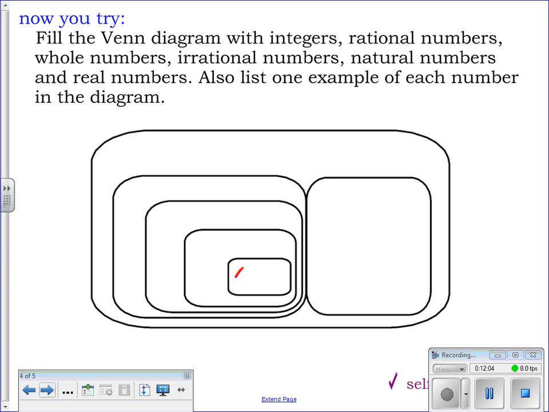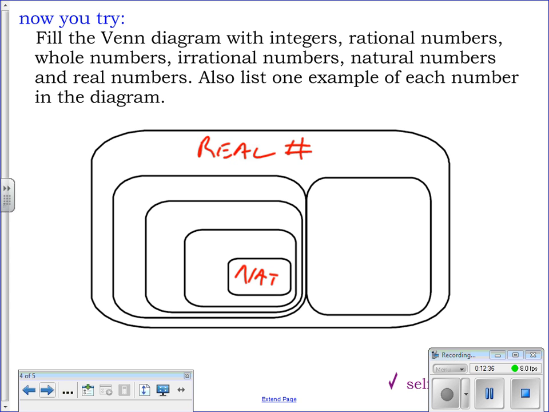So right here are your natural numbers, because it's the most restrictive group. Does that make sense? What was the least restrictive group? The one that included everything? Real numbers. So this big box, it's all the real numbers, because everything is in there.